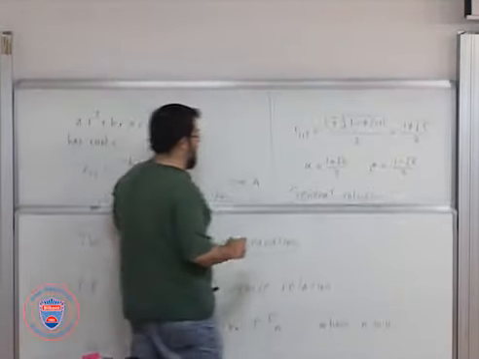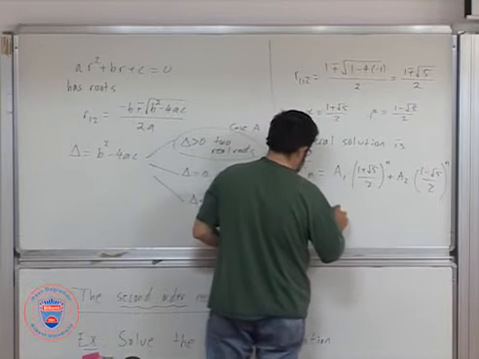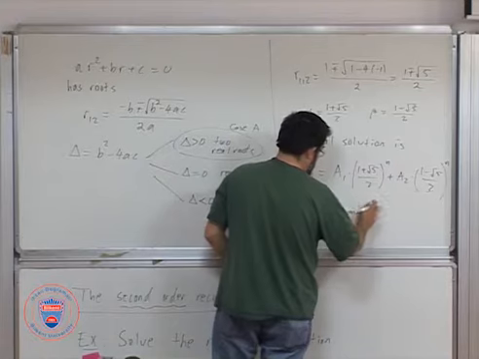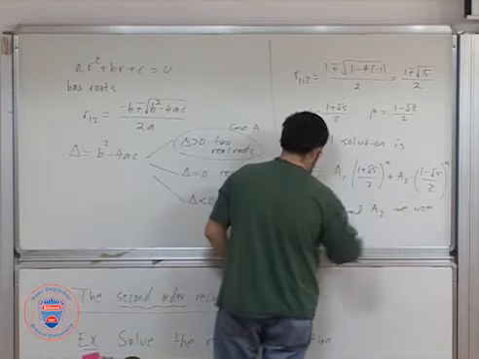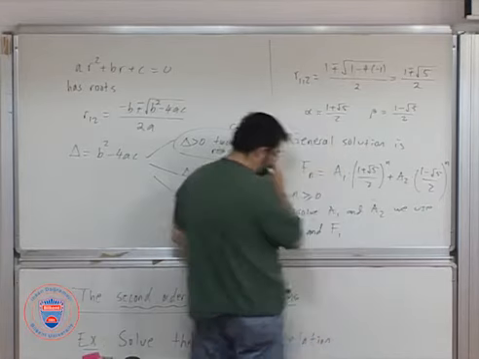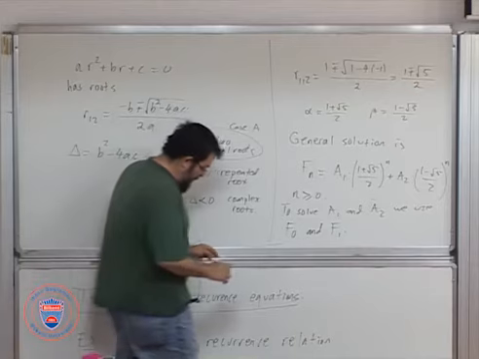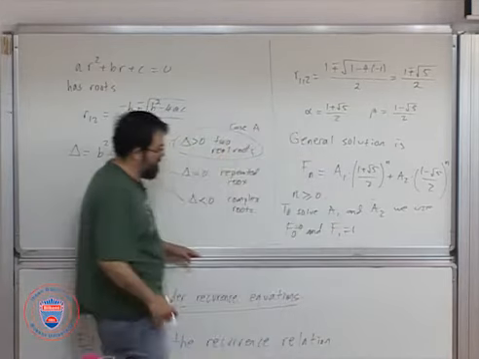So to solve for A1 and A2, we use F0 and F1, which are given specifically with these values.